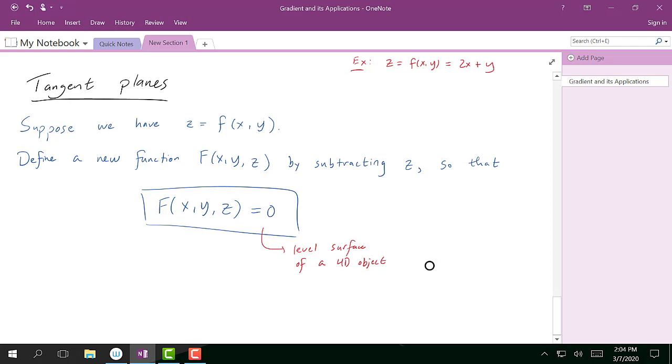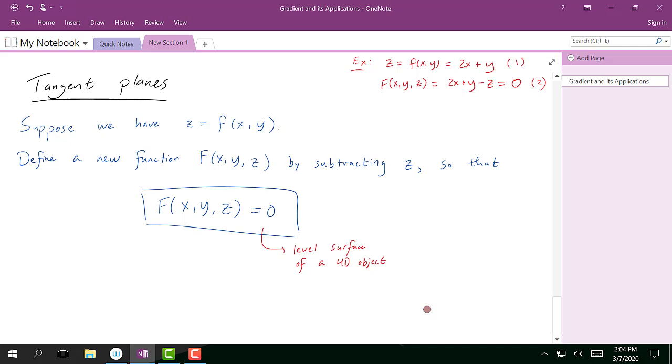And then to create the function capital F, all we're going to do is subtract z. So we get 2x plus y minus z. Looking at the first one, if I subtract z, then what I get on the leftmost side is 0. So it's an equivalent way of writing what I wrote above. Each point x, y, and z that satisfies the first equation will satisfy the second.